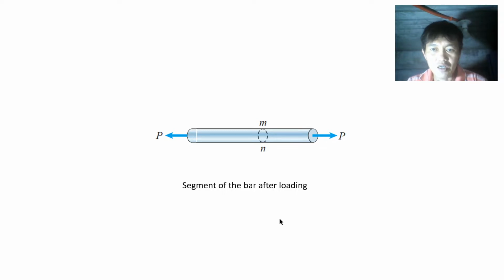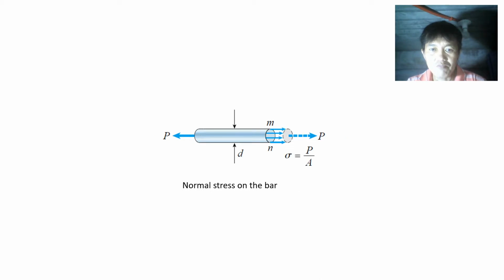Notice the stresses acting on a cross-section MN, which are uniformly distributed over the area. Then the resultant of those stresses must be equal to the magnitude of the stress times the cross-sectional area of the bar. That is, P equals sigma times the area.